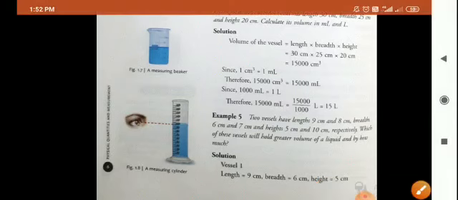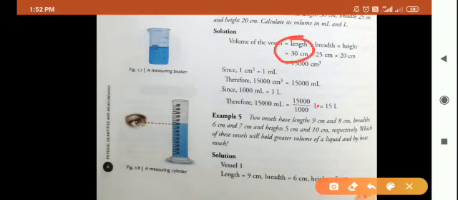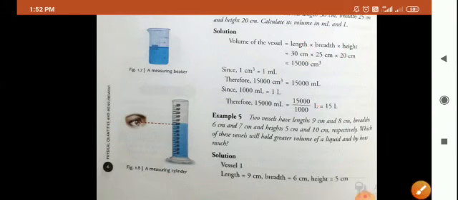Now children, here one example is given. Example 4. A cuboidal vessel has length 30 centimeter, breadth 25 centimeter and height 20 centimeter.